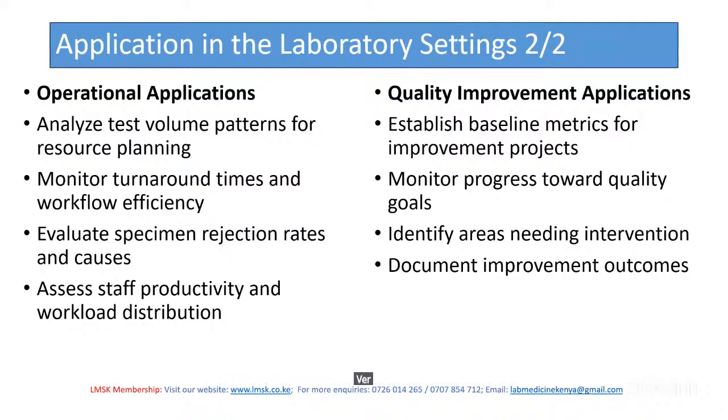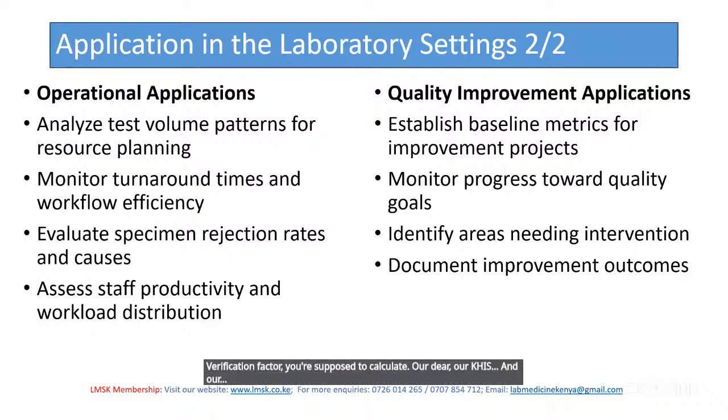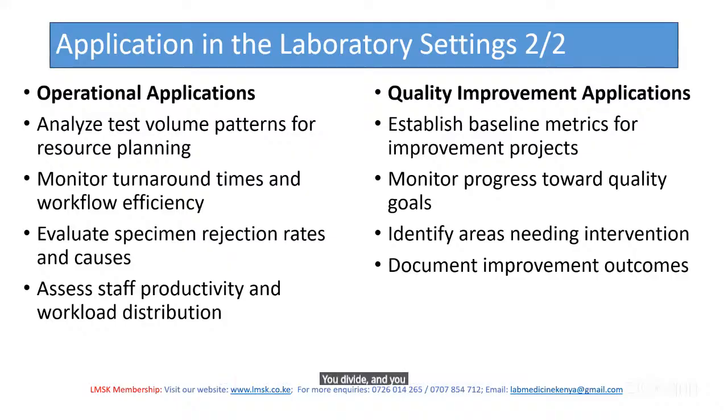In this case, you're supposed to come up with what we call a verification factor. You calculate using KHIS, the source document, and the laboratory, the three. You divide and you come up with the verification factor.